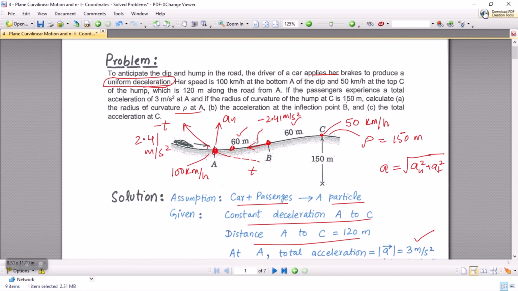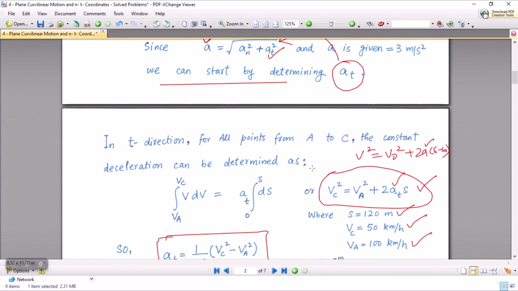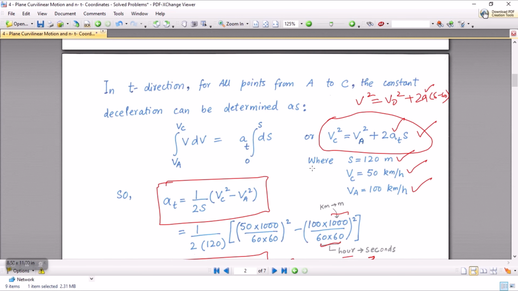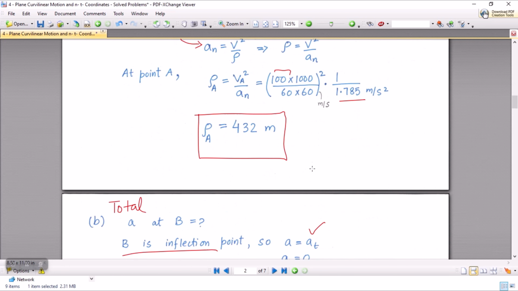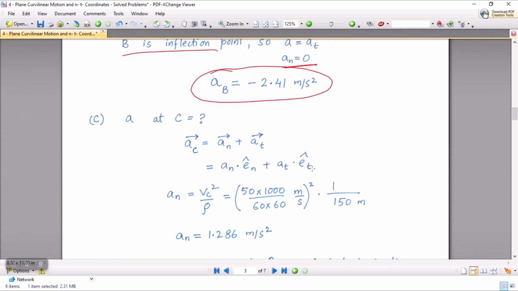So its negative t axis will be different than the negative t axis at point A. Similarly, at point C also the negative t axis will have a different direction than from A or B, right? So the magnitude of t component is constant deceleration between A and C, but their directions are changing. And actually the change in direction of acceleration is taken care of by the second component, A sub n.